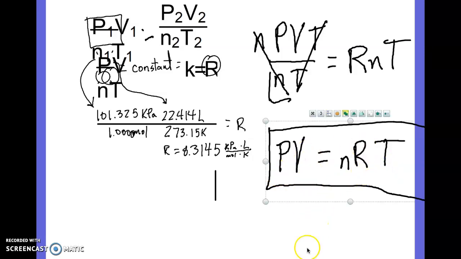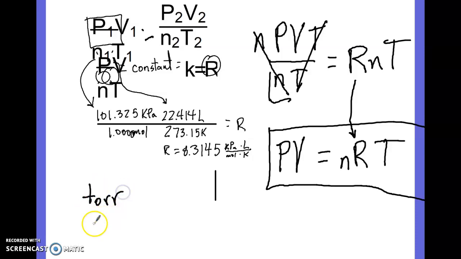Measure 3 things and you can always get that 4th thing. The R never changes, okay? And so what you're going to do on that worksheet is calculate the R's for if the standard pressure used was torr or psi or atmospheres. So you're going to get different R's for all of them.